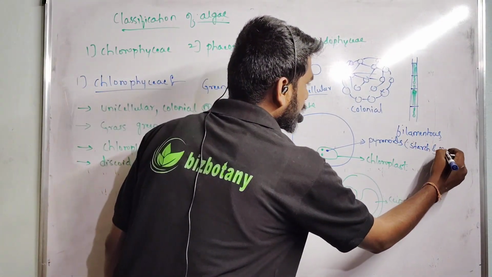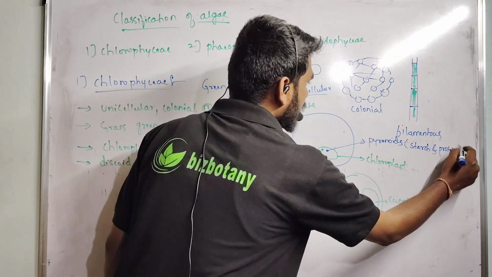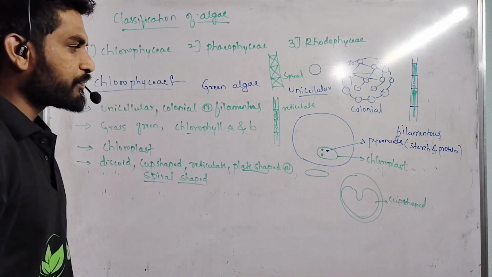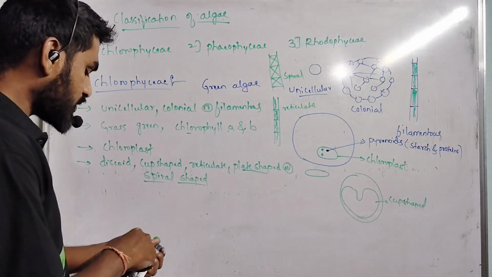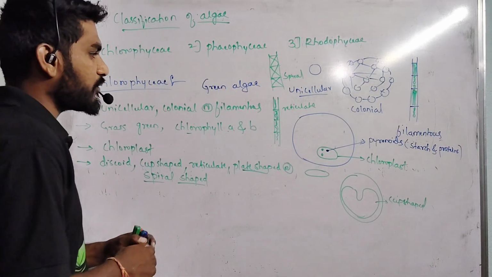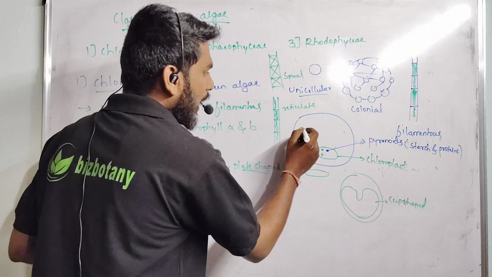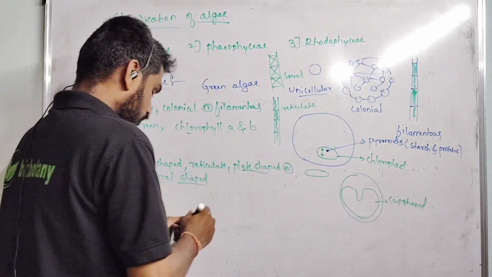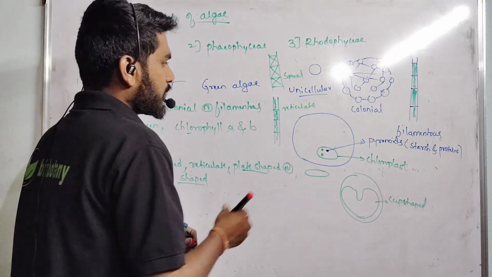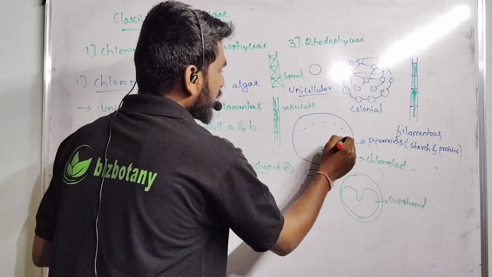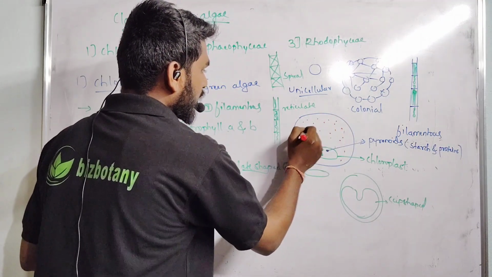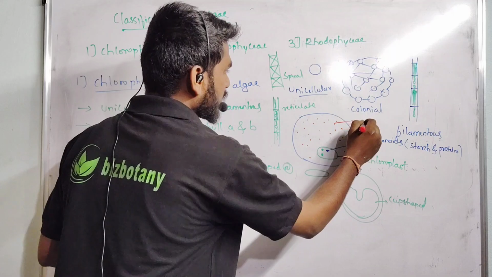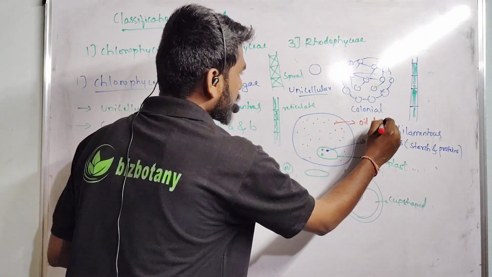In some cases, the reserve food material will be present in the form of oil droplets. Oil droplets will be present in Chlorophyceae algae as a reserve food material.